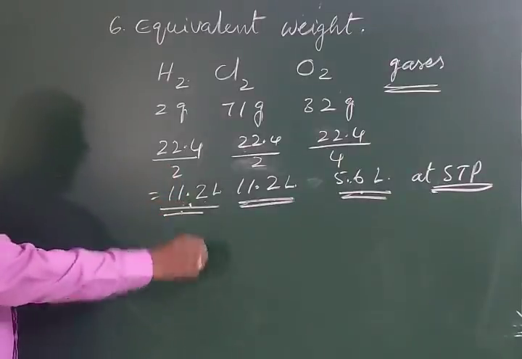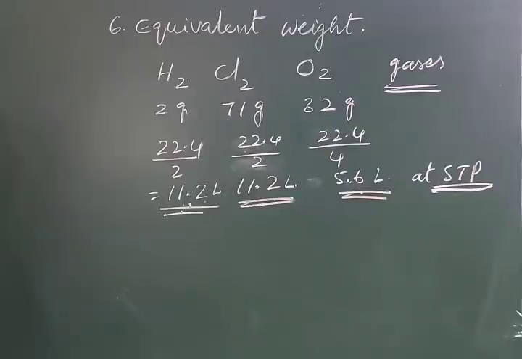That is, 11.2 liters of hydrogen is equivalent to 1 gram equivalent of hydrogen. 11.2 liters of chlorine is equivalent to 1 gram equivalent of chlorine. 5.6 liters of oxygen is equivalent to 1 gram equivalent of oxygen, that is 8 grams of oxygen at STP conditions.